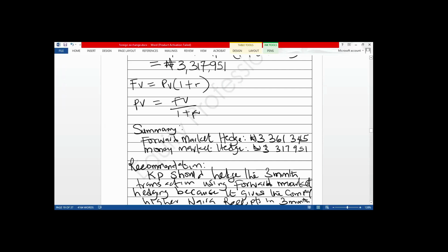The rate we used for that borrowing was the interest rate in that country to borrow the 6 million, so we discounted and got 5.7 million. I'm wondering about the process of this hedge, how they borrow the money.